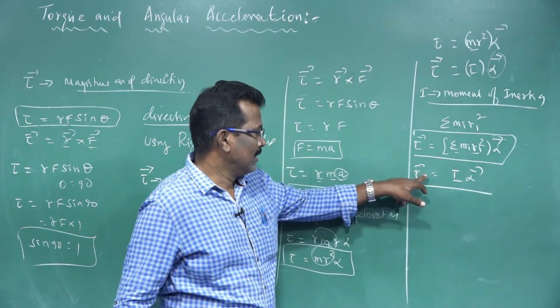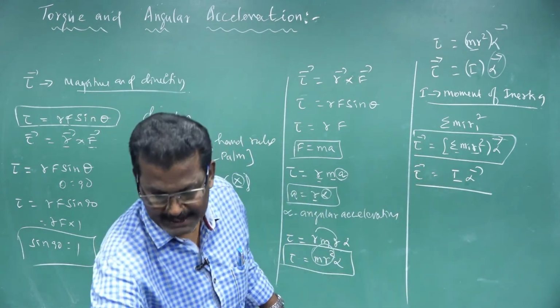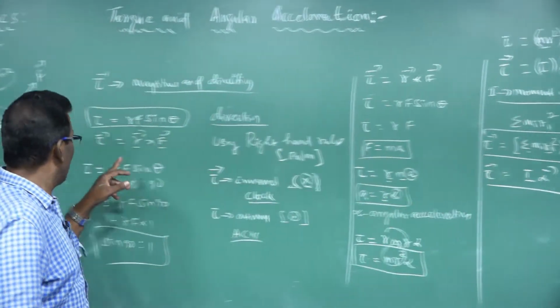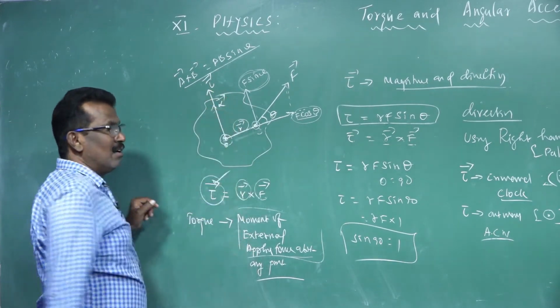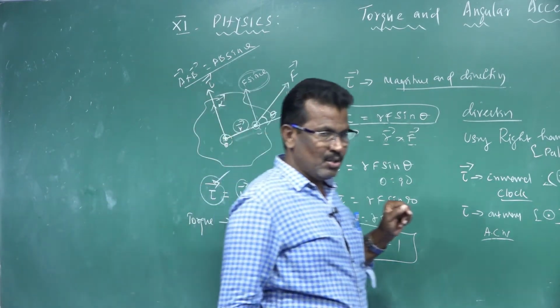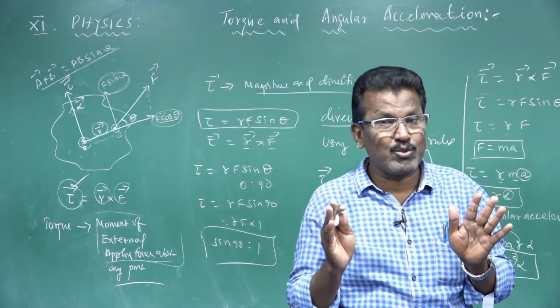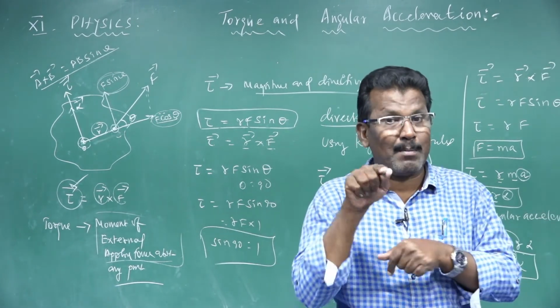So torque and angular acceleration act in the same direction. The angular acceleration acts along the direction of the torque. If any external force is applied on the body, it has to rotate, either clockwise or anti-clockwise depending upon the applied force.